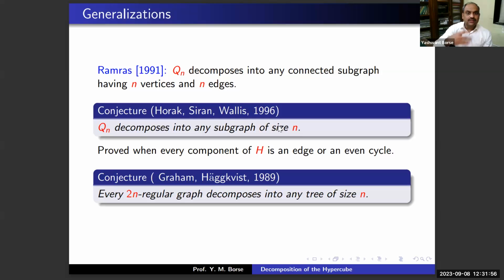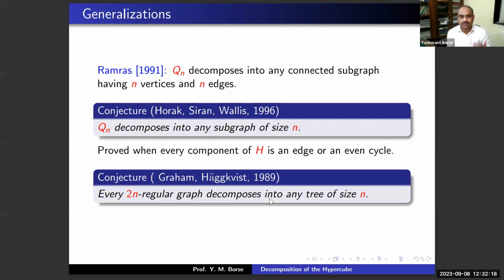There is a more general conjecture than this by Graham and Häggkvist: every 2n-regular graph decomposes into any tree of size n. Now we are not talking about K_{2n+1}, the complete graph.